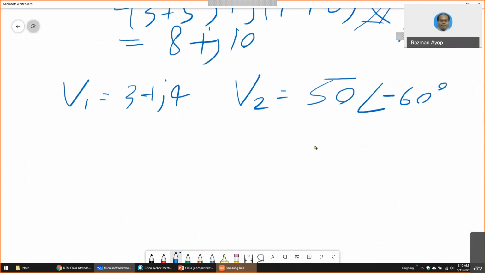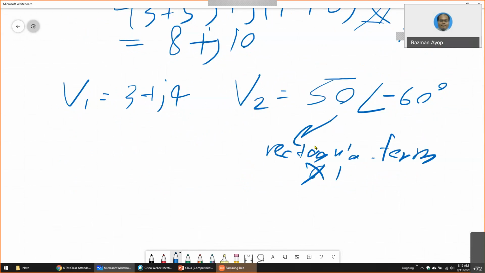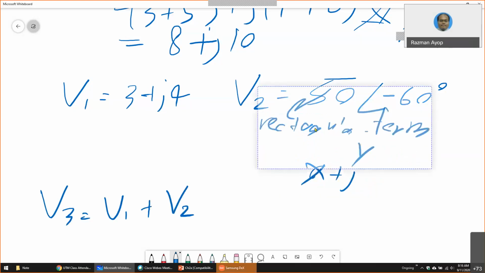You have to convert it into rectangular form, x plus jy. If you do it manually, it takes time, so if you use a calculator, it's much faster. Since there is no mark for it, you just do it directly in your calculator: V3 equals V1 plus V2.